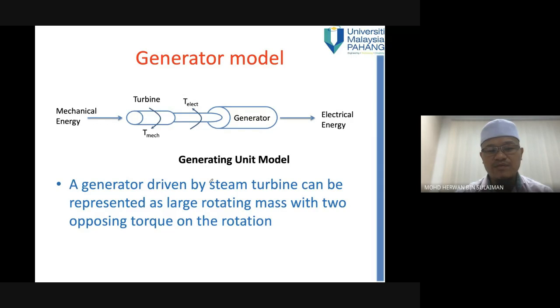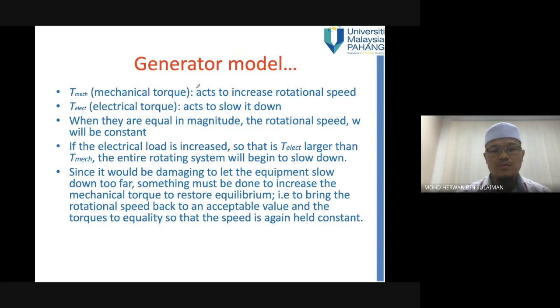Okay, the generator driven by a steam turbine can be represented as a large rotating mass with two opposing torques. That's why it contradicts between the mechanical torque as well as the electrical torque. Okay, so Tmac, represented by the mechanical torque, acts to increase the rotational speed, whereas the T-elect acts to slow it down.